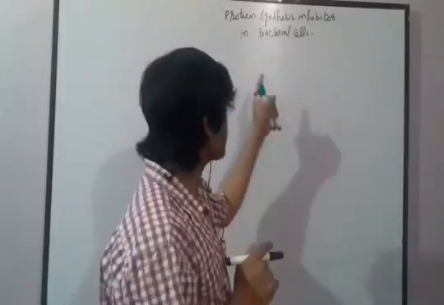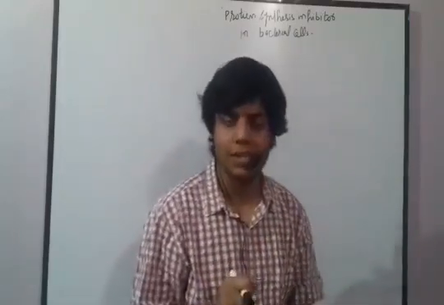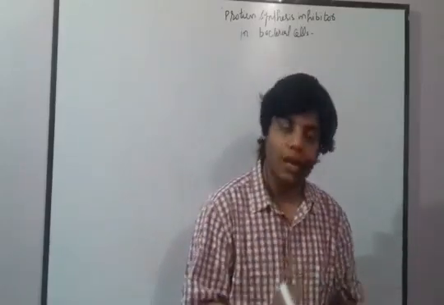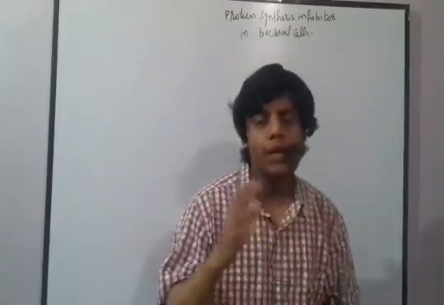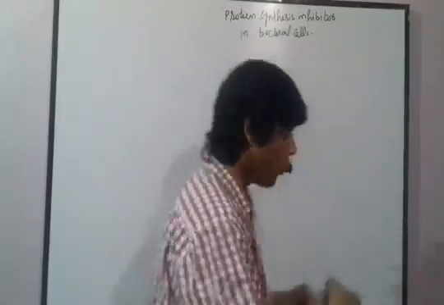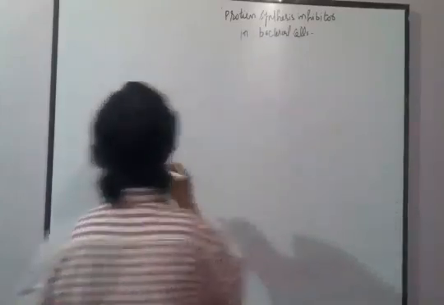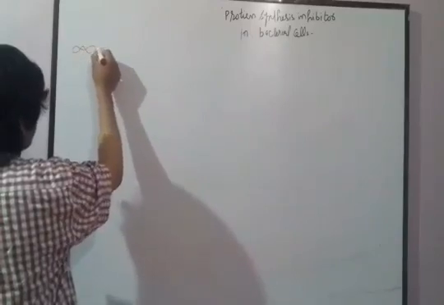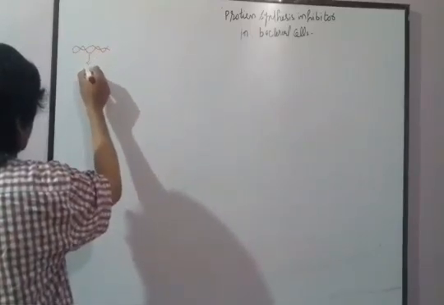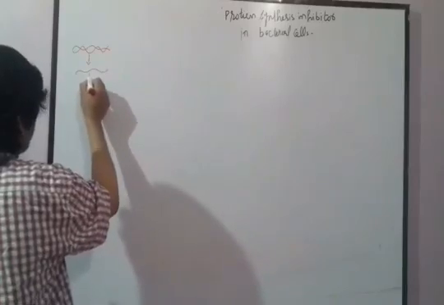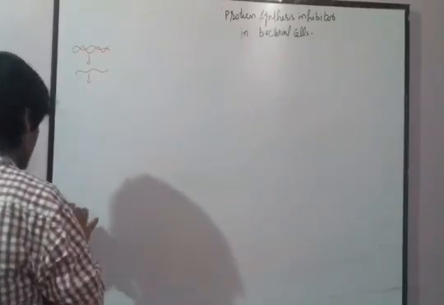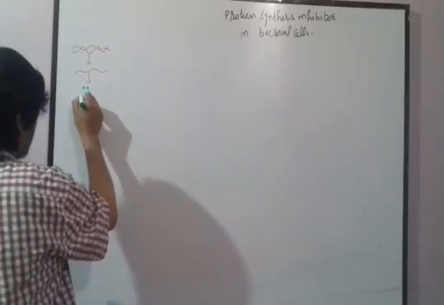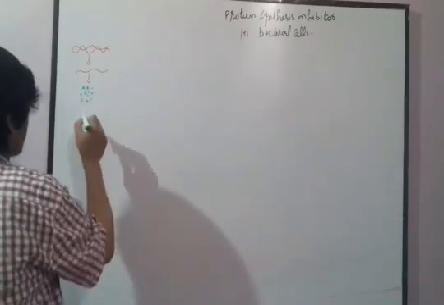Now, how are proteins synthesized, and what are the main drugs used as protein synthesis inhibitors? Let me explain. If we consider the central dogma of biology, what does it tell us? Let's suppose this is DNA. From DNA we get RNA, and from RNA we get protein.